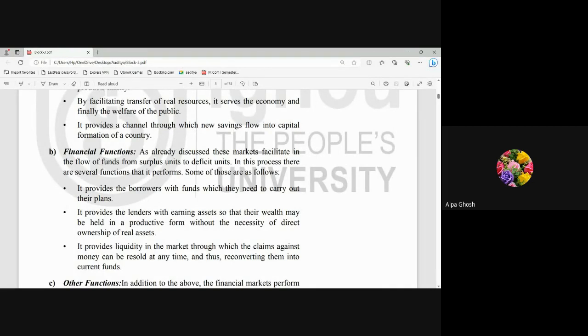They may not be in a position to go for more expansion or purchase of new projects. There is also a possibility that they are not able to make payments to the employees or other stakeholders. So in order to have a proper flow of their business activities, we provide funds to the borrowers.